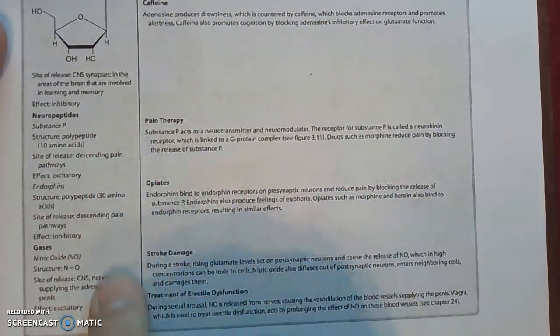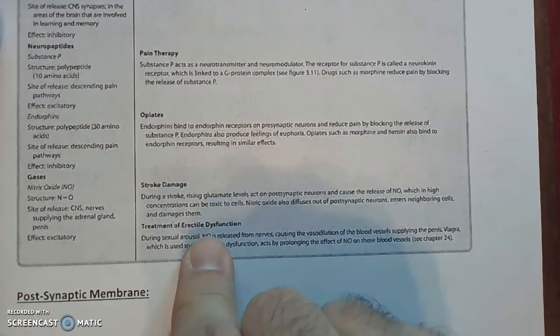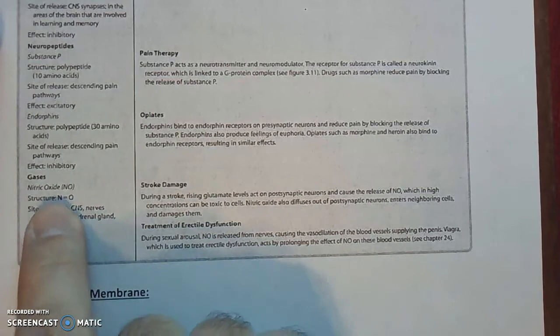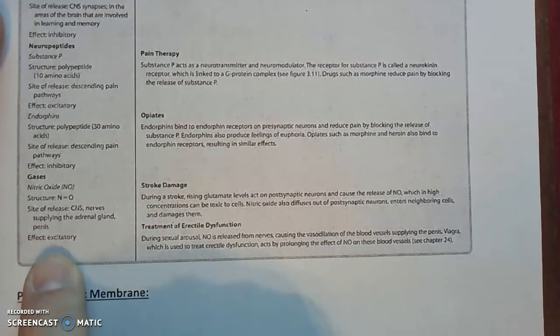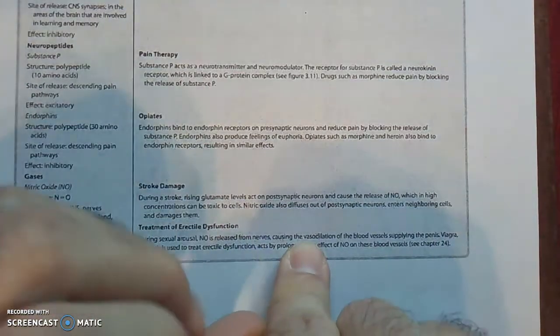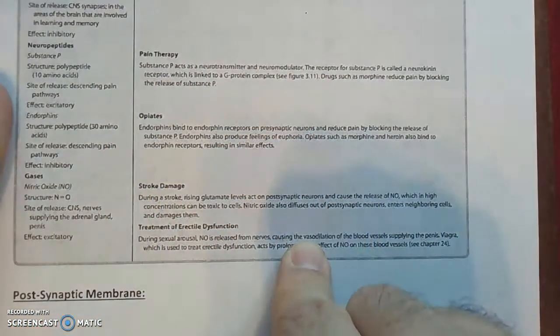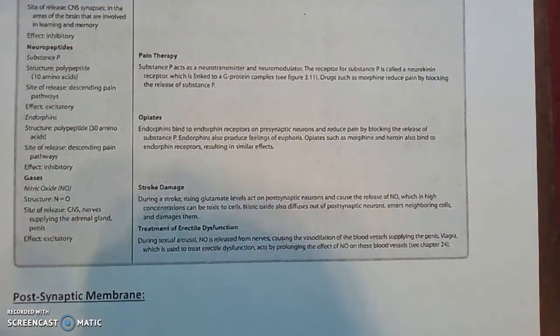And then we have another couple down here talking about opiates and even erectile dysfunction. Nitric oxide, which is a gas, does have an excitatory effect by being released from nerves, causing vasodilation, or it causes the blood vessels to increase in size. And Viagra, which was originally marketed or thought to be a heart medication, had a very different side effect.